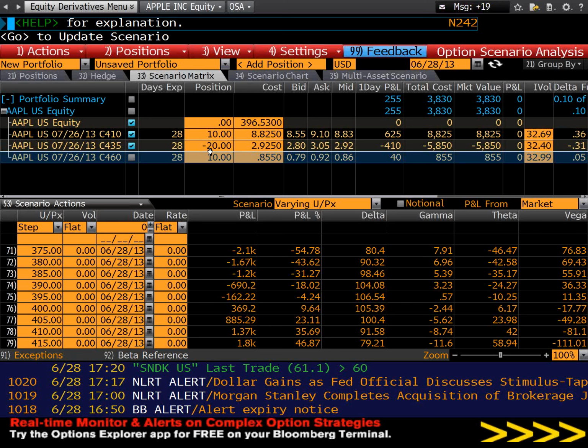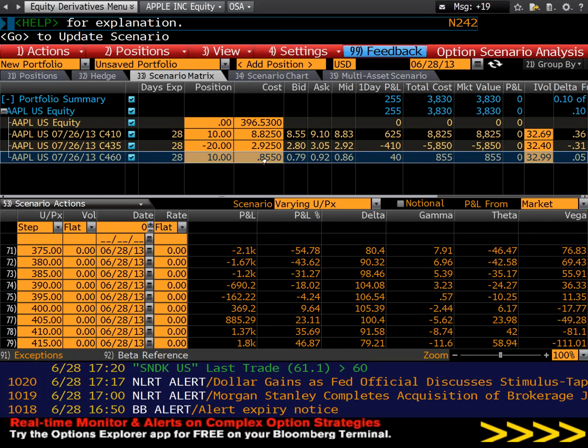You start losing your profits when the stock goes from 435 toward 460, the distance between the two strikes, and then above 460, you are effectively naked short 1,000 shares of Apple. Bad news. But if you've got your little protection for which you're paying very little over here, what happens?